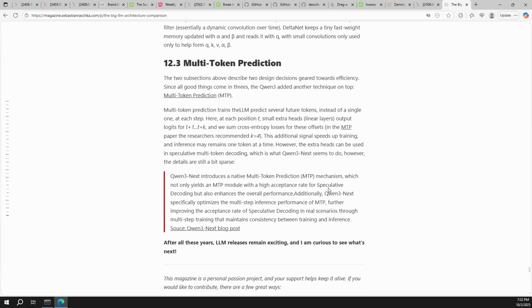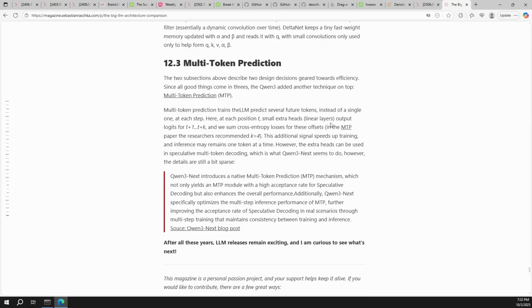All right. The other thing we see in this Qwen Next model is multi-token prediction. So let's see how they implemented it. It trains the LLM to predict several future tokens instead of one at a time.